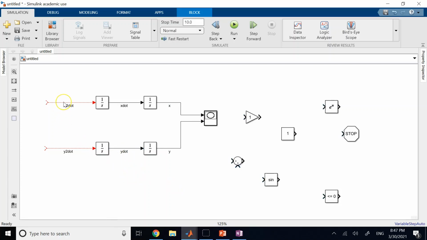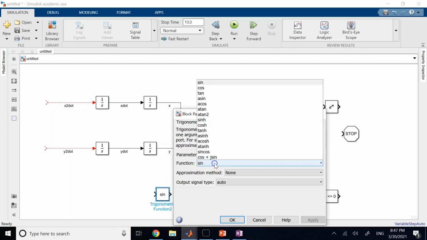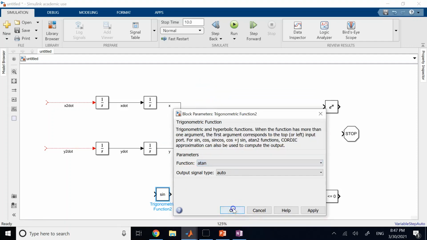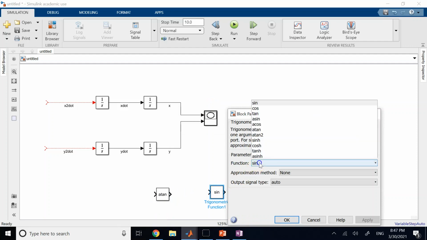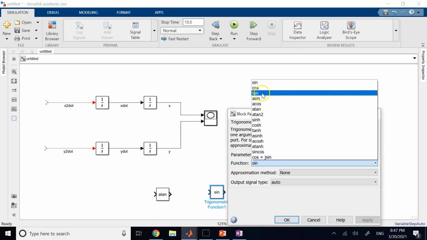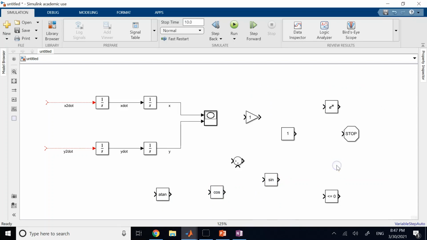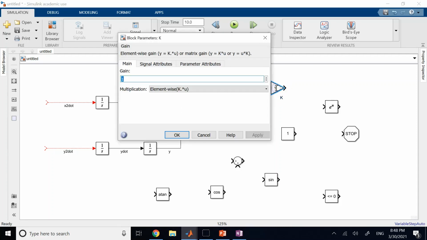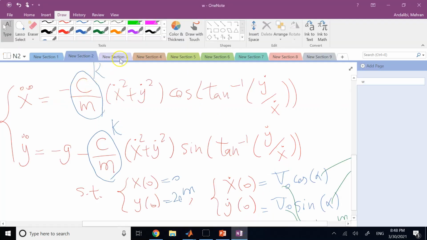Now your x double dot is drag force times cosine theta. So I need sine and cosine, and I also need arctangent to make theta. I change this block to tangent inverse, and I change this one to cosine, and then I need a gain that is k, and that k for us is 0.0443.